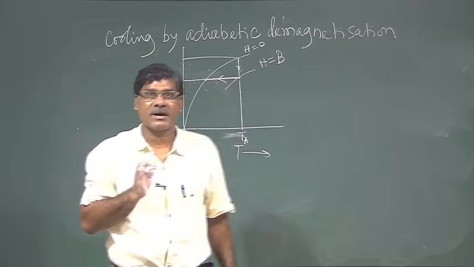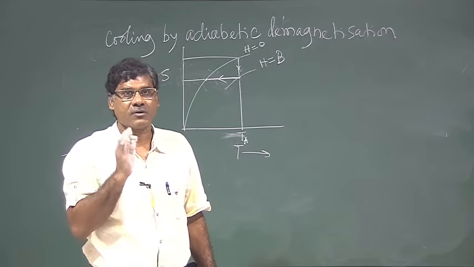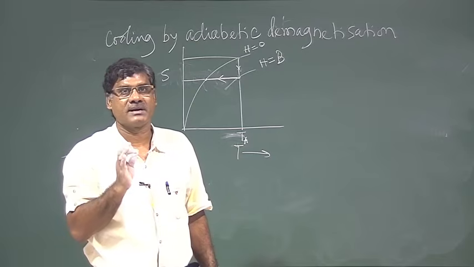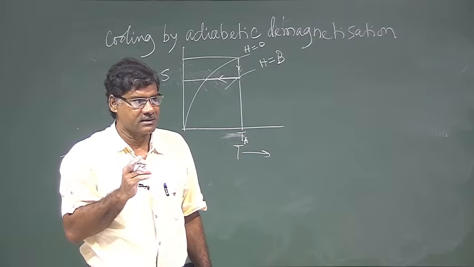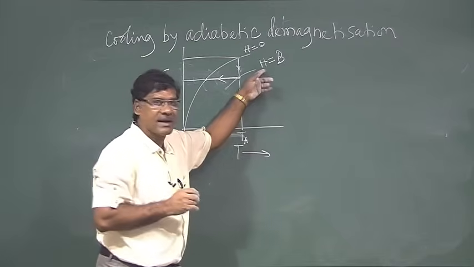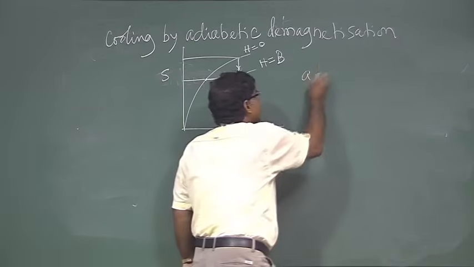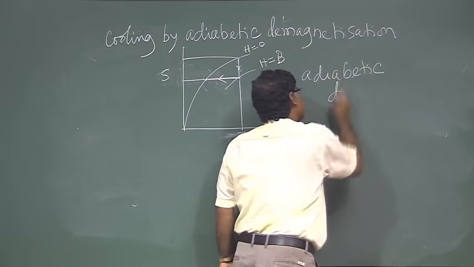because in the adiabatic case, the change of entropy is 0, since dQ equal to TdS. So, in the adiabatic case, dS equal to 0.